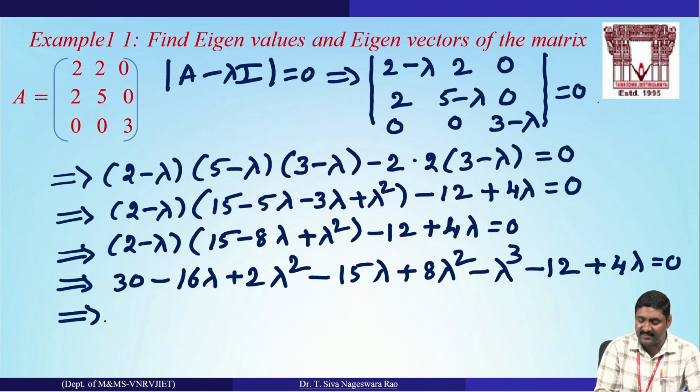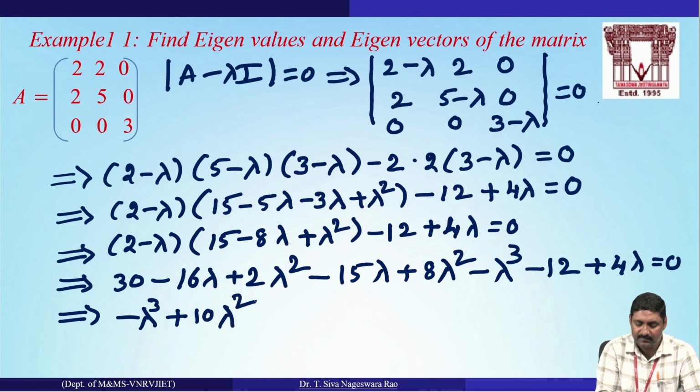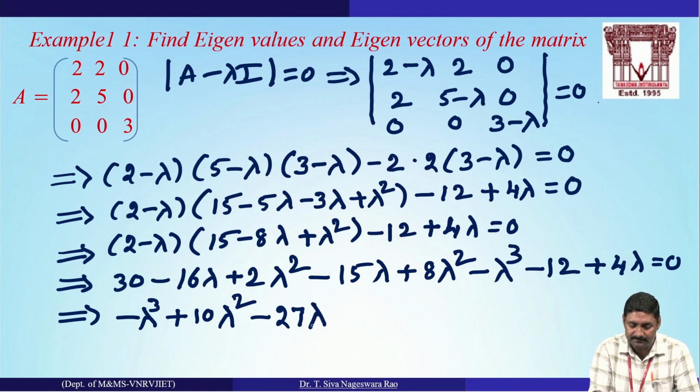Now I am going to simplify this. I will arrange it in order based on the highest degree: minus lambda cube. Here 2 lambda square and 8 lambda square, totally 10 lambda square. Now lambda terms: minus 16 lambda, minus 15 lambda, that is minus 31 lambda, plus 4 lambda, which gives minus 27 lambda.